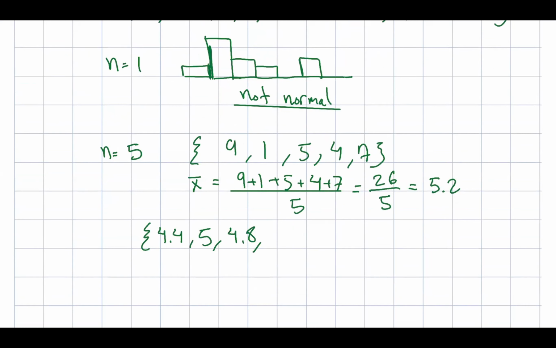Right now you're taking the average of 5 numbers, because essentially what we're trying to do is prove the sampling distribution. 4.4, 5.4.